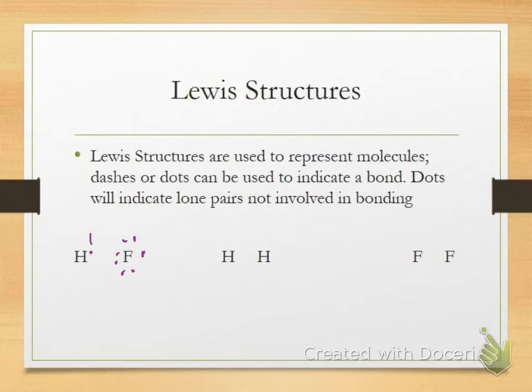So guess what? This is going to go there, and they're going to share, because these are both non-metals. So we can draw that like this. We can show them sharing their electron.